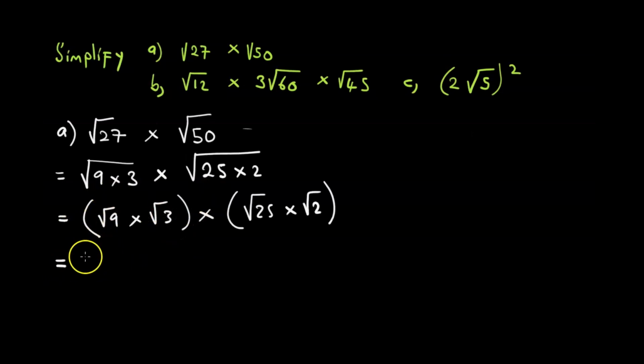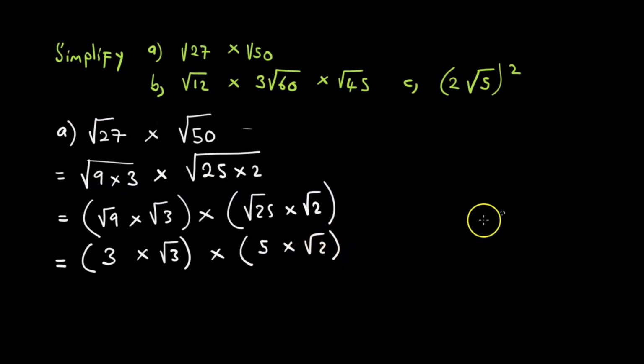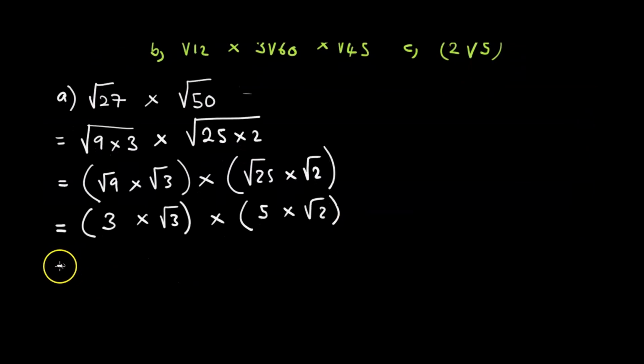Tadaro manje takuya panapa takuti isusu the square root of 9 is 3. Saka it's now 3 times the square root of 3 multiplying the square root of 25 is 5. So it's 5 times the square root of 2. Ino iyi kana takuita simplify further inenge yava chi 3 root 3 multiplying 5 root 2 like this.